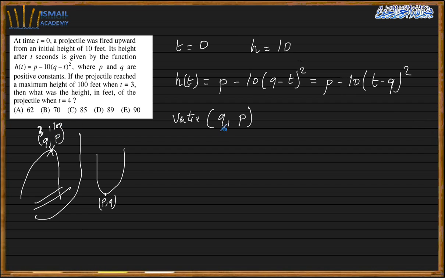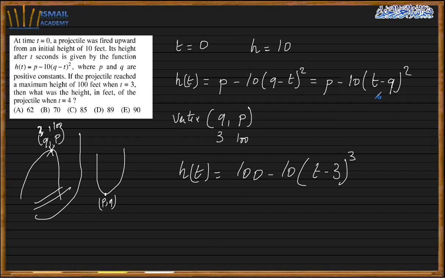So when q is 3, p is 100. This is again my vertex. I need to substitute this here. So my function will be 100 minus 10(t minus 3) squared.